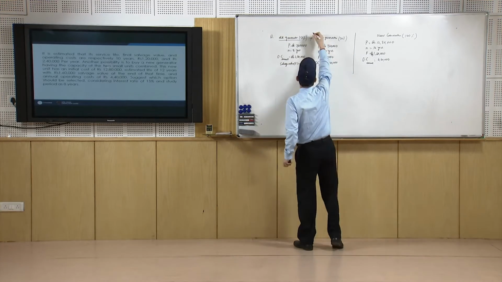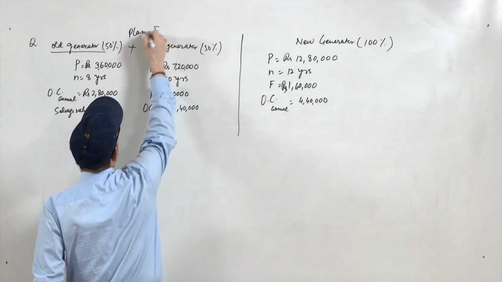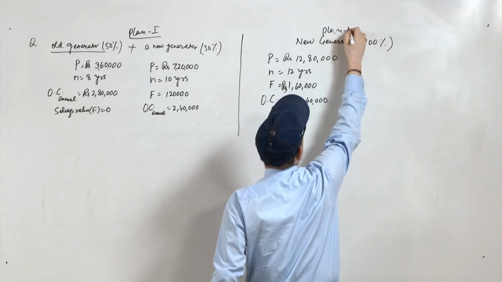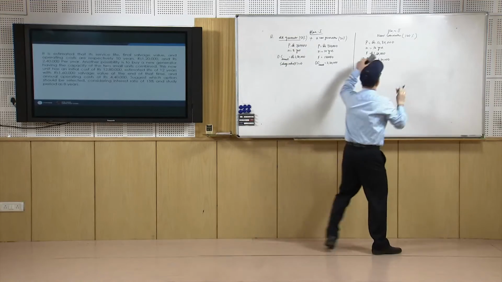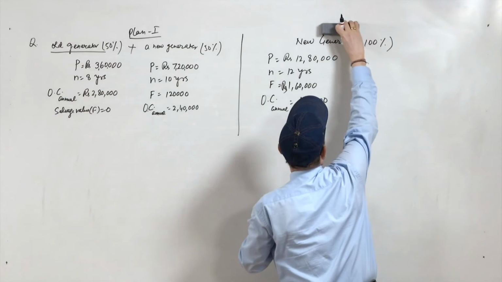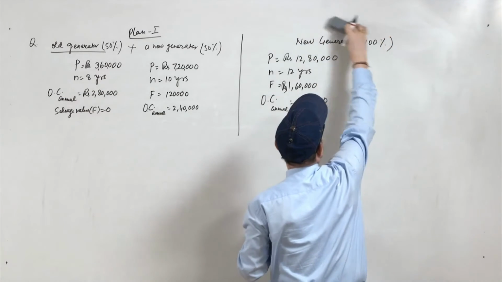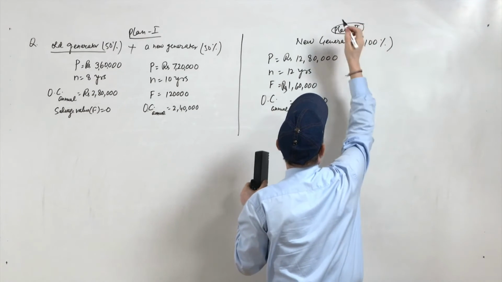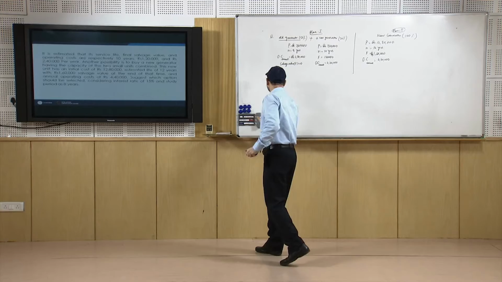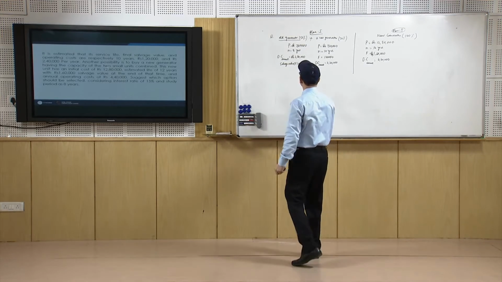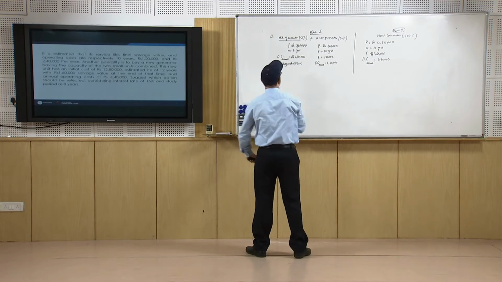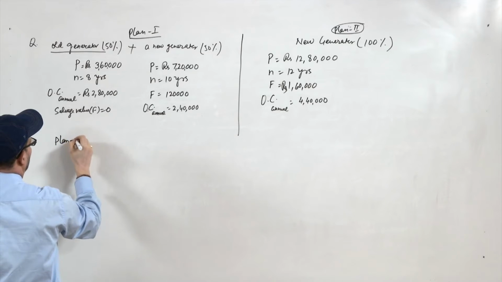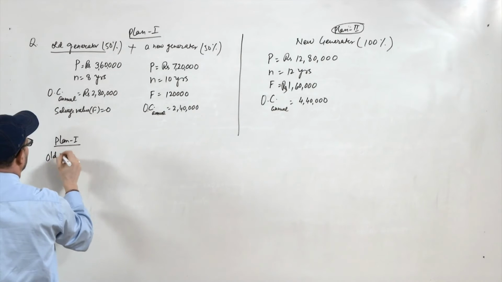So this is our plan 1 and this is our plan 2. Now in plan 1, let us find the annual equivalent value for the old generator.